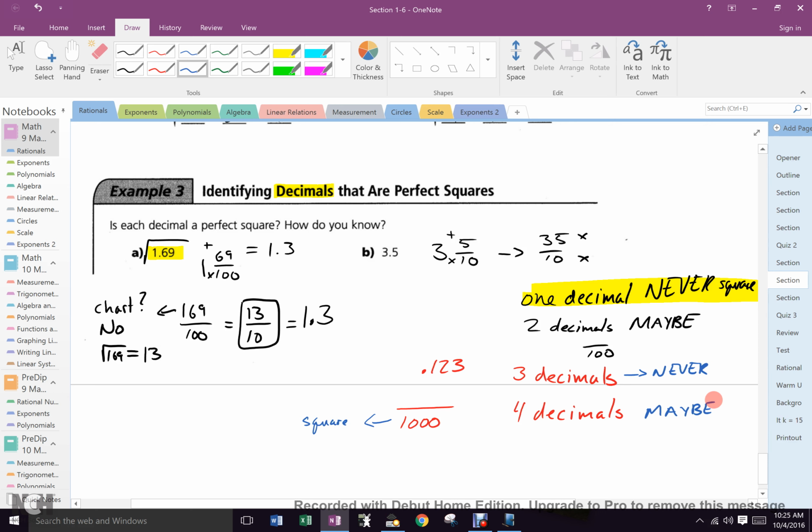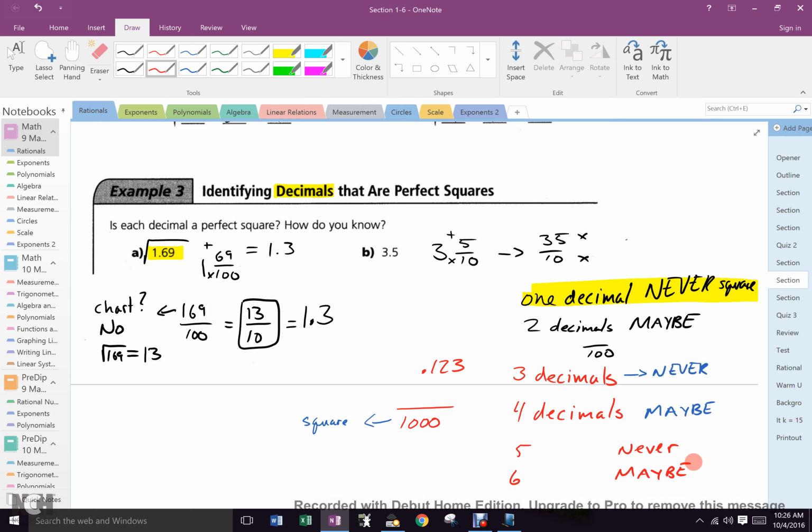So what is it about the number of decimal places that tells you if it's possible or never? If there's 1, it's a never. If there's 3, it's a never. What about 5? Never. What about 6? Maybe. Why? What is it that gives you the hint?